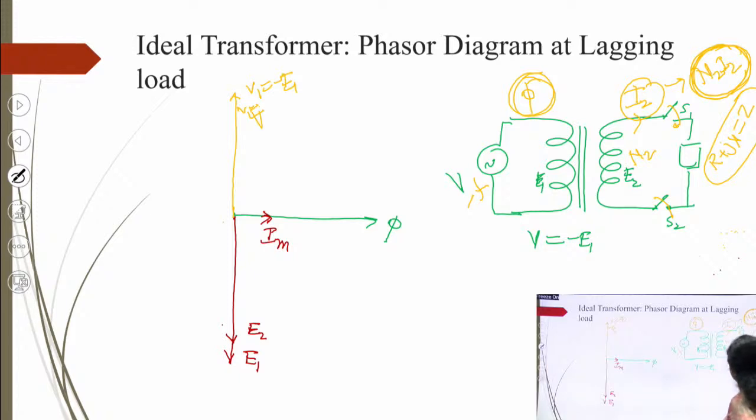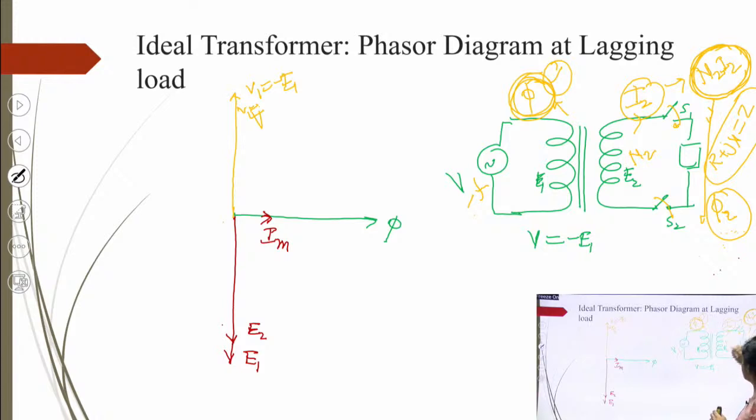Because suppose N2 I2 produces the flux phi 2, that flux must be nullified, because a constant flux must be in the core since the voltage and frequency are constant. So the core must contain only this amount of flux.